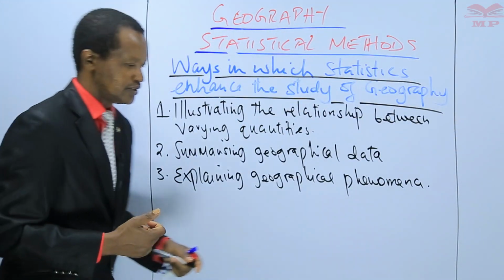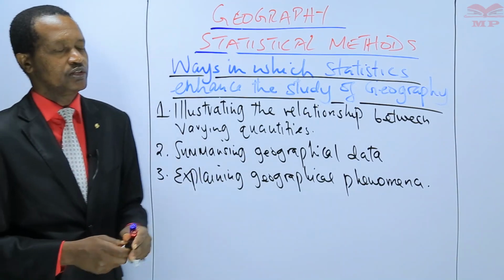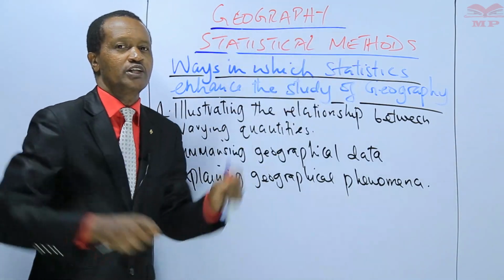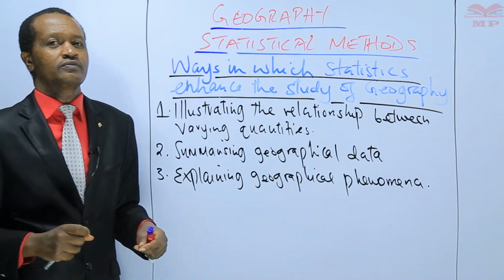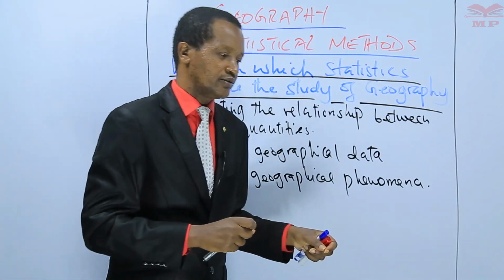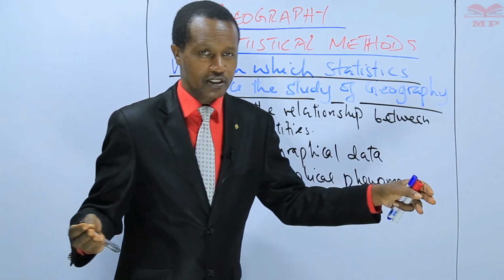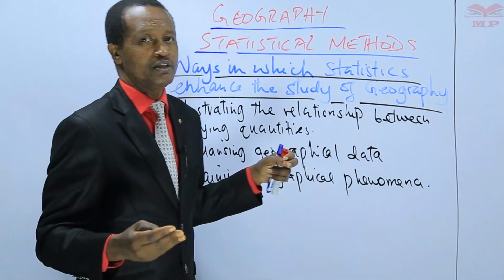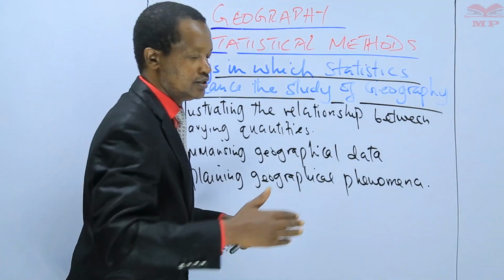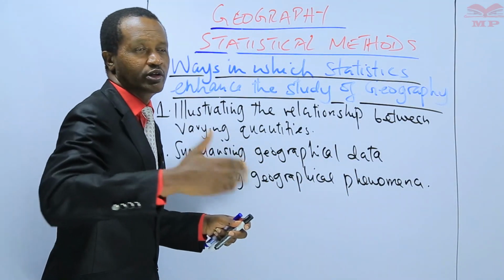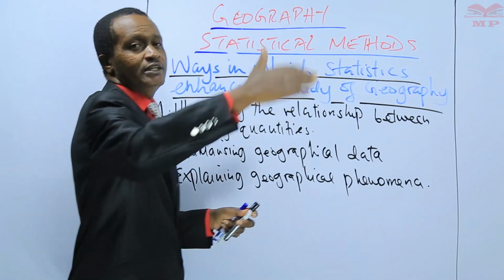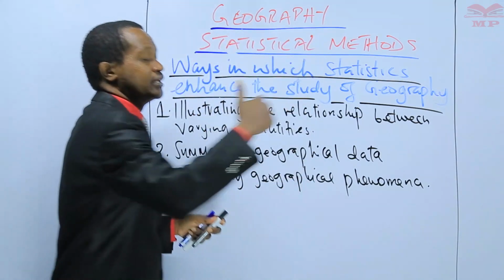Why is it that tea is grown in certain parts of the country and not the other? Why is it that in certain places in Kenya we have certain crops growing in certain parts of the country and not the other?